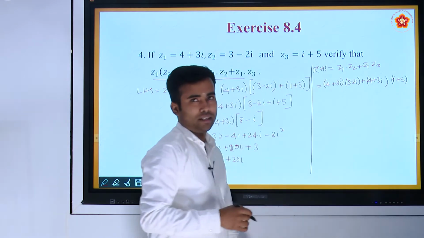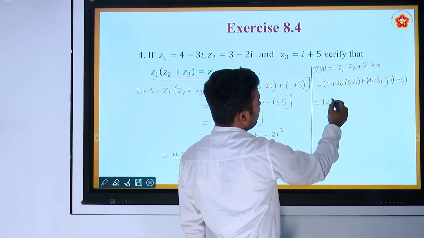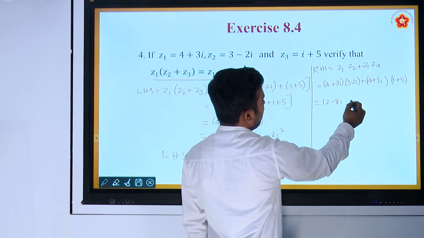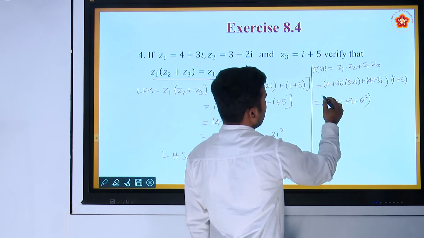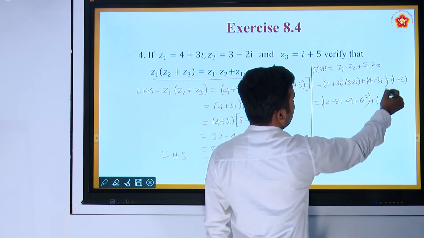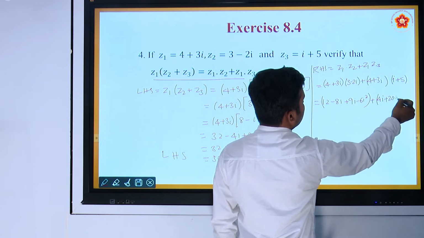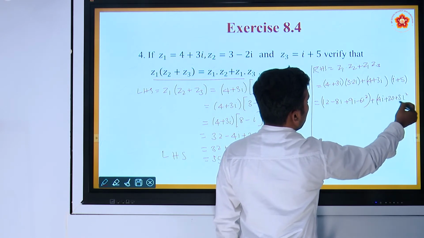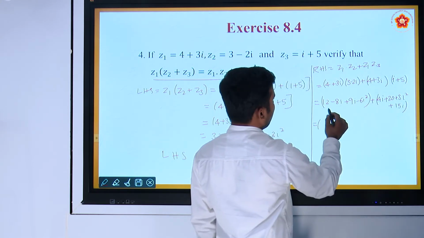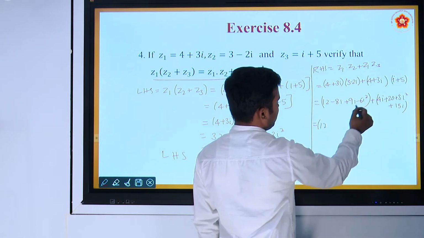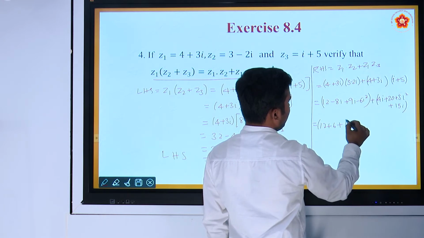So you just multiply and simplify this, which is equal to 4 times 3 is 12, and 8i plus 9i minus 6i square, plus 4i, 4 times 5 is 20, and 3i square plus 15i, which is equal to 12 and this will be plus 6, and here minus 8i.